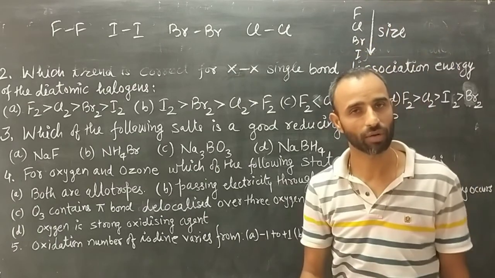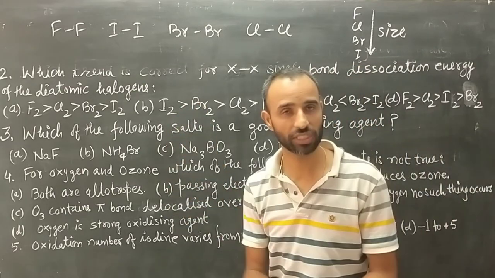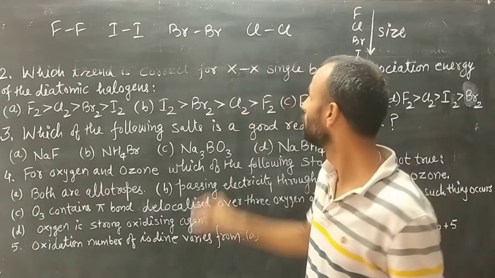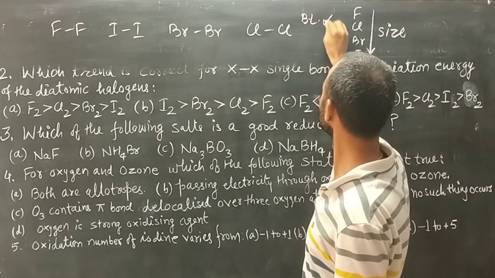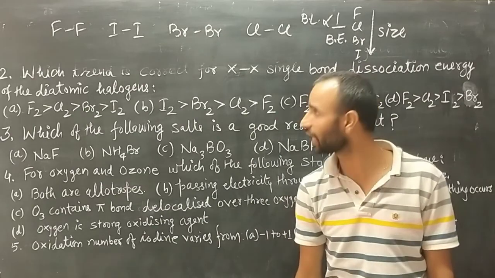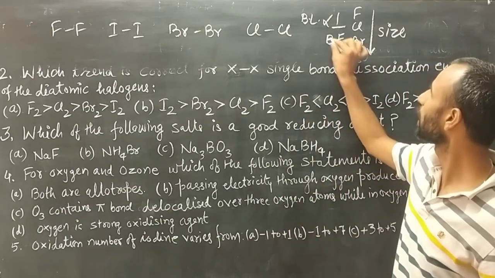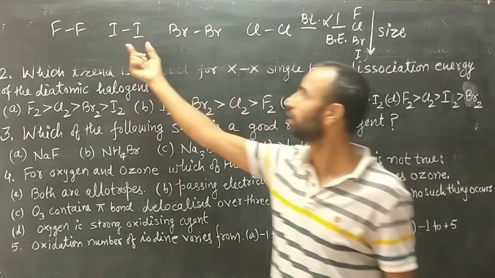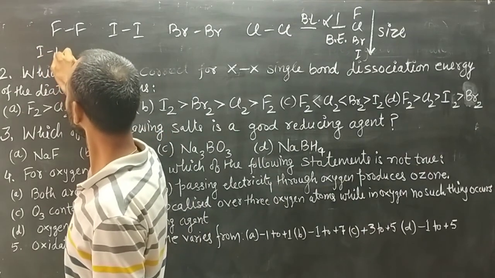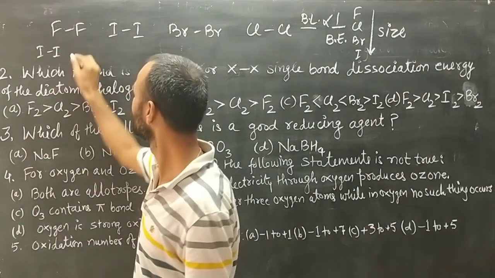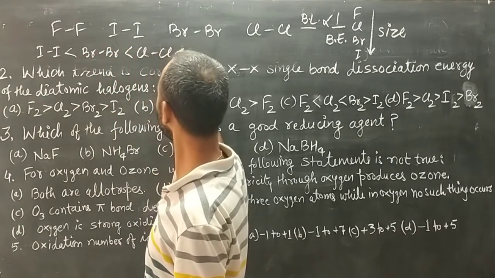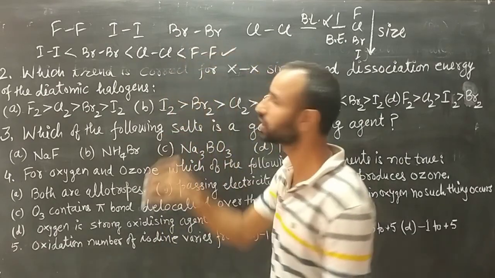Size increases down the group, so obviously bond length increases, and you know, bond length is inversely proportional to bond strength or bond energy, right? So if we talk about bond length, so bond length is maximum in iodine, so trend should be I-I minimum, then Br-Br, then Cl-Cl, and then F-F. This should be the case.